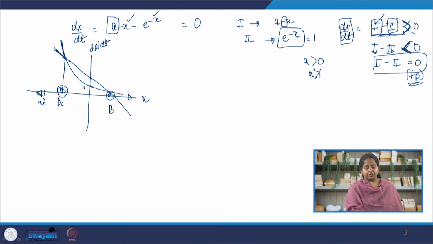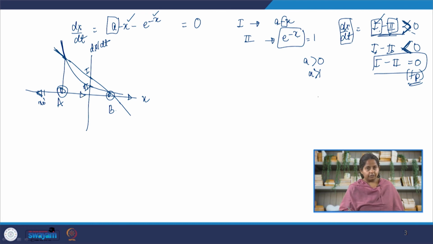Now between the fixed points A and B, the line is above the curve, which means line minus curve is going to be positive, so dx by dt is positive, which means x is going to increase, so the flow is going to be towards the right side.